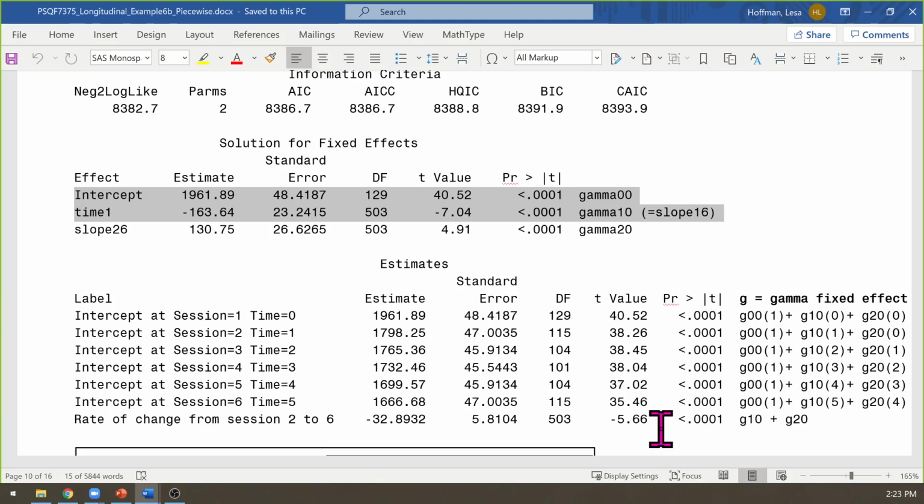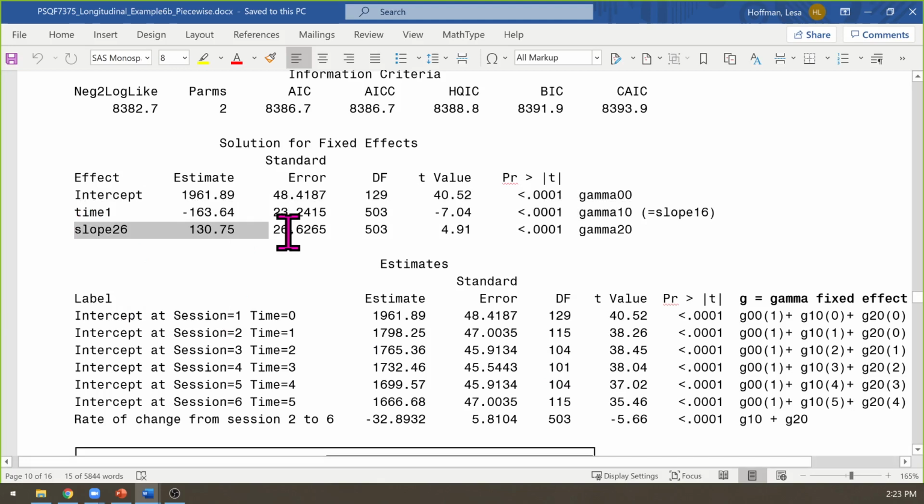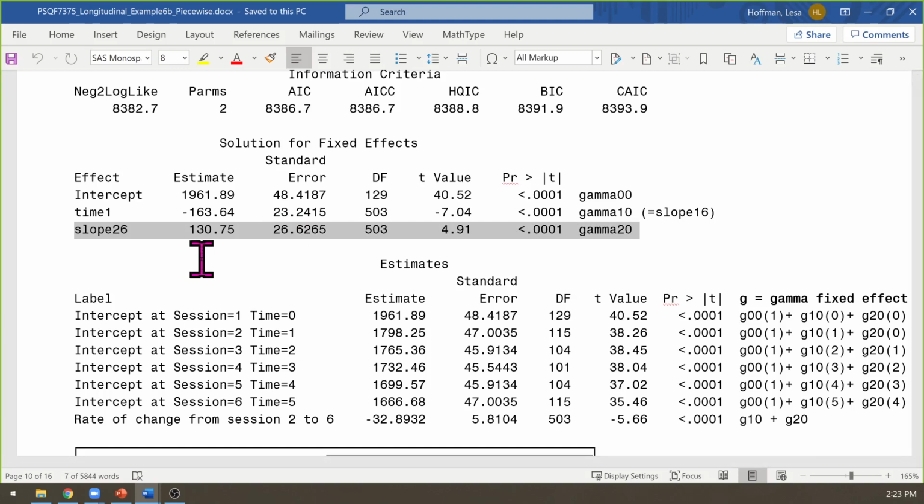The time variable is now the unique change from session 1 to 2. That's minus 163, same as it was before. And what used to be minus 33 here is now 130, because after session 2, the rate of change becomes less negative.